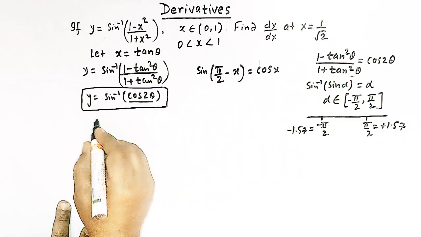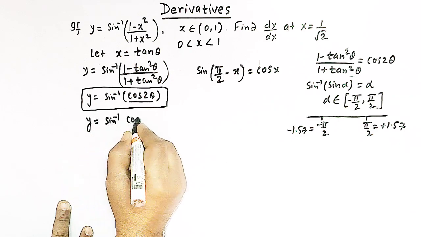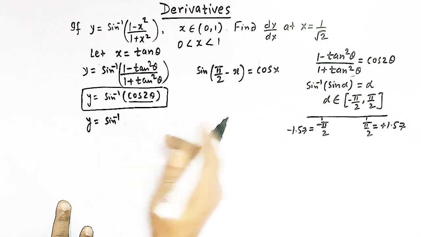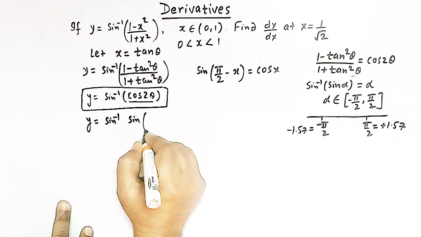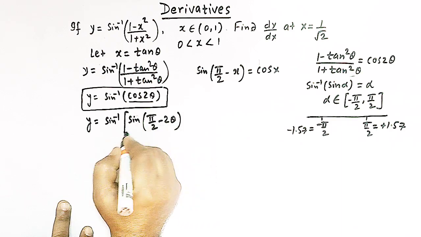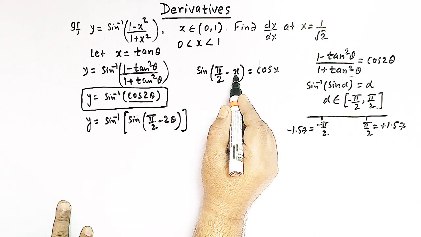Now we can write y equal to sine inverse, and cos 2 theta can be written as sine of (pi by 2 minus 2 theta), taking 2 theta for x.